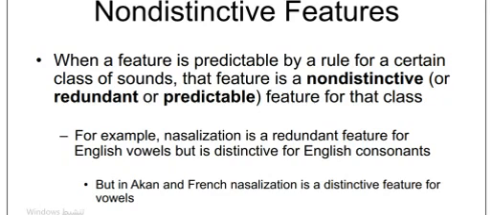For example, nasalization is a redundant feature for English vowels. Not all vowels can be nasalized, but at the same time it is redundant, it can be repeated. When we have vowels, we realize that we nasalize the vowel. But it is distinctive for English consonants.